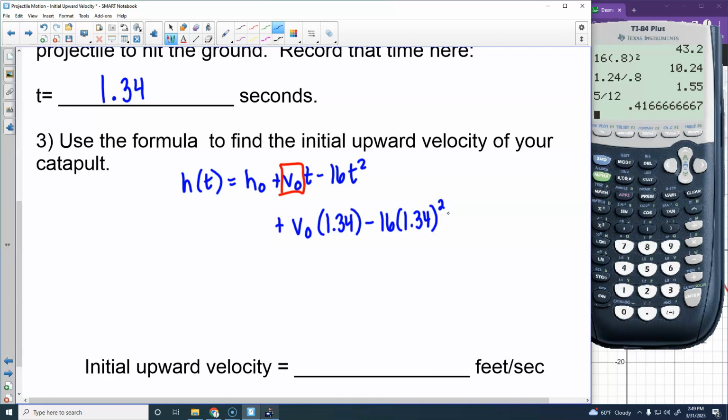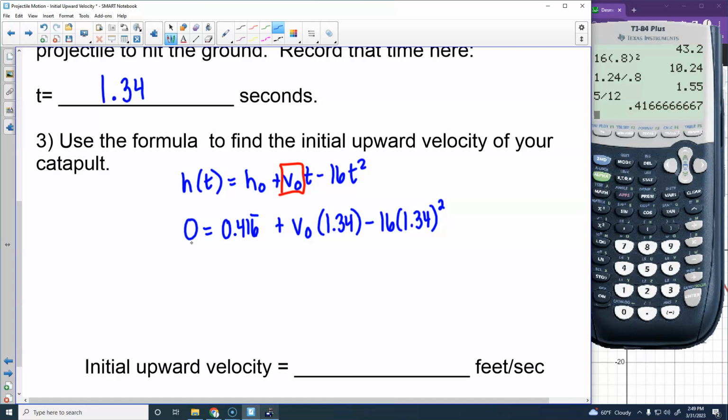Anna Grace, what's another number I could plug in here? That 0.416 repeating is my initial height. And then at 1.34, my pumpkin hits the ground, which means this height over here is going to be 0.